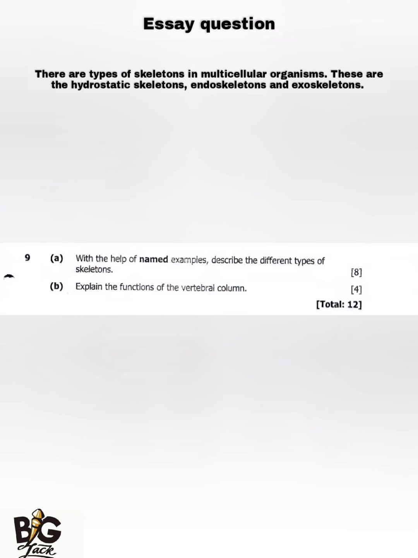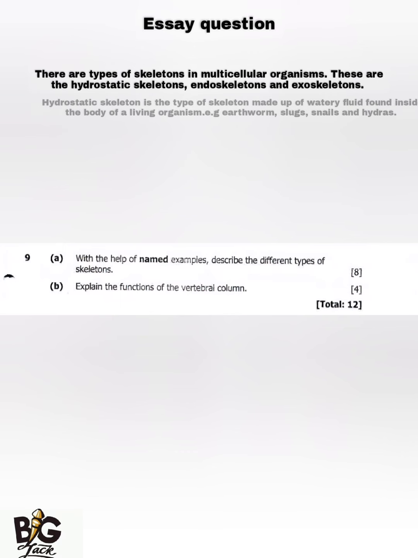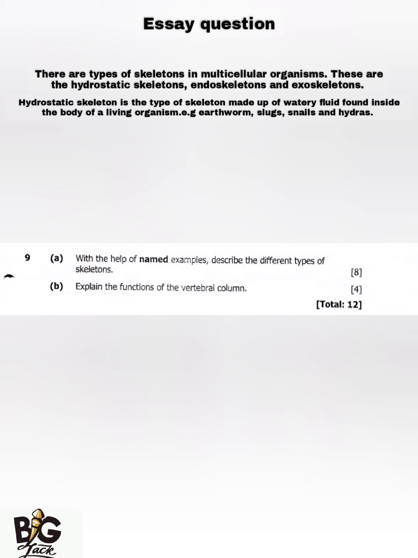Then I'm going to explain now what the hydrostatic skeleton is. As for the hydrostatic skeleton, it is the type of skeleton which is made up of water fluid inside the body of a living organism. Hydro means water, which means this type of skeleton is made up of water.